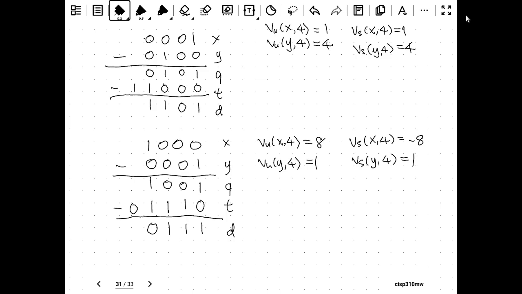Does that make sense? I hope this helps answer the question some of you had from Tuesday, because we only talked about the signed representation of values on Tuesday. So this definitely has something to do with the signedness of a number.